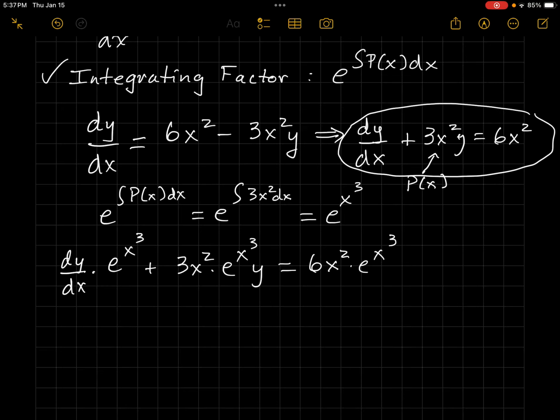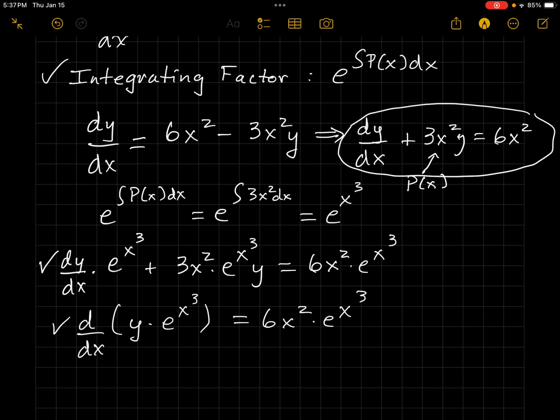Notice that the left side is going to be the derivative of y times the integrating factor. Take a little time to convince yourself that the derivative of that product goes back to where we started there. And the right side remains 6x squared times e to the x cubed.